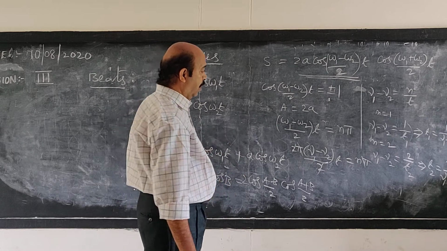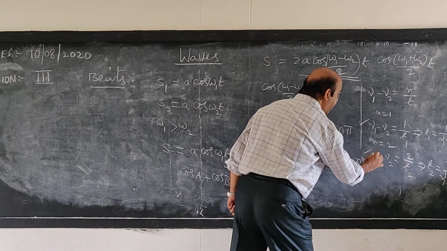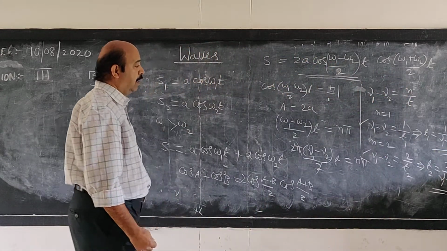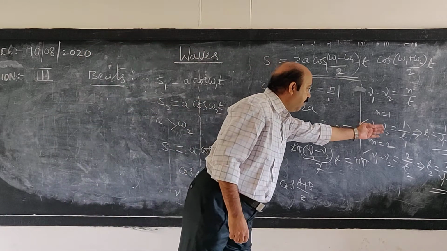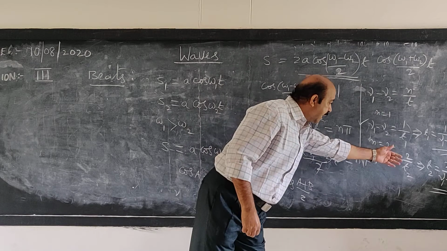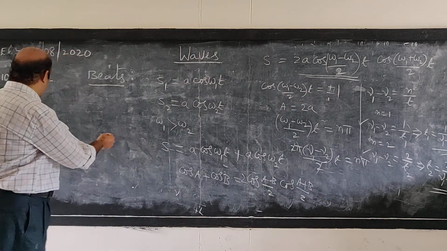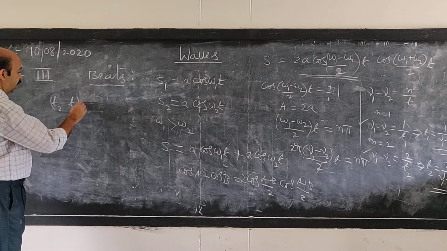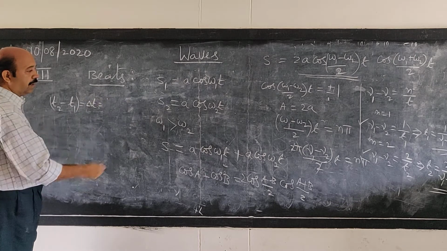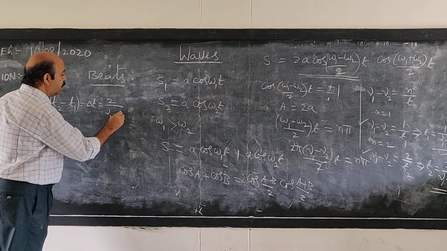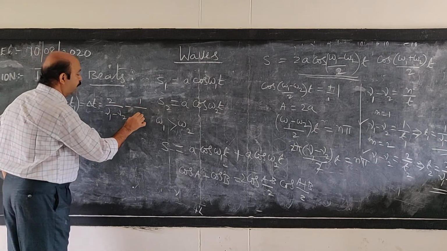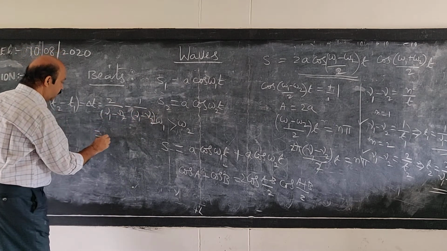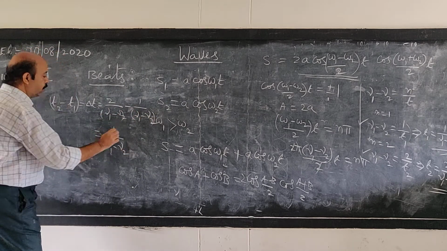Therefore, from these two equations, the time interval between the first time the amplitude becomes maximum and the second time, that is t2 minus t1, which is delta t, is given by 2 by (mu 1 minus mu 2) minus 1 by (mu 1 minus mu 2), which is 1 by (mu 1 minus mu 2).